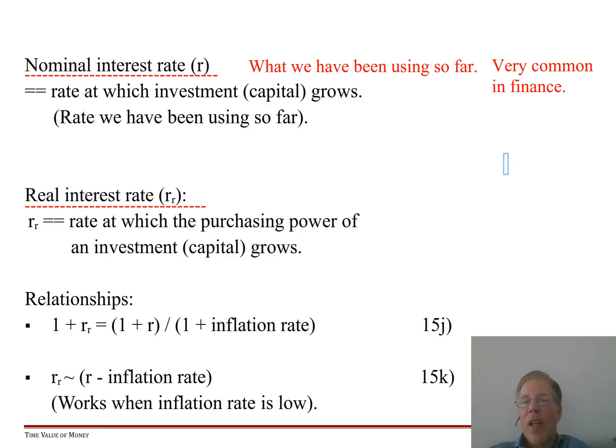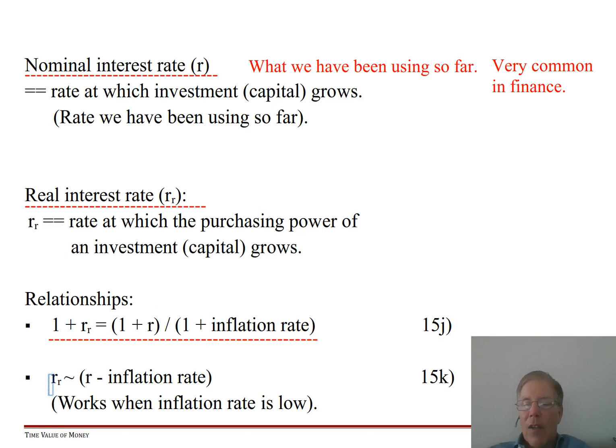This is something that economists use more than most other people, used in finance. But if we're looking at specific projects, like we have been and are going to continue to, we're going to be focused on the nominal interest rate. All right, so can we switch from one to the other? We're always interested in that. And yes, we can. Here's a sort of complicated equation for doing that, 15J.